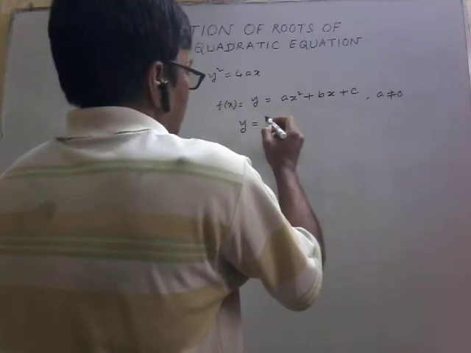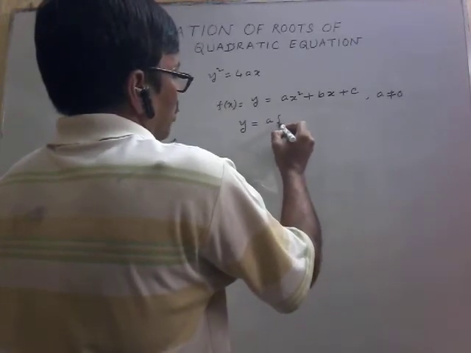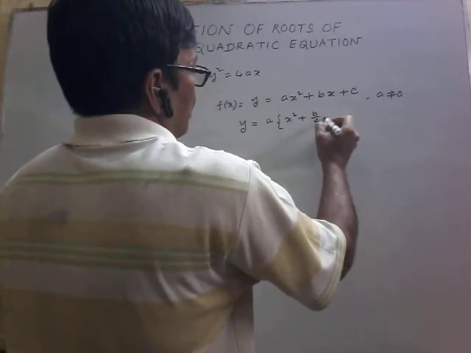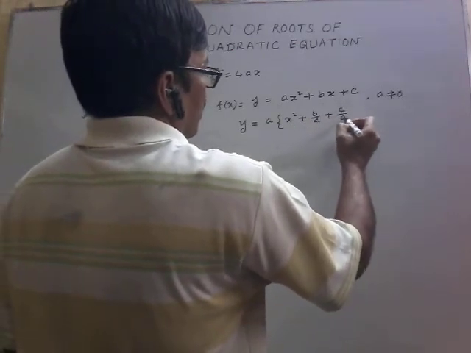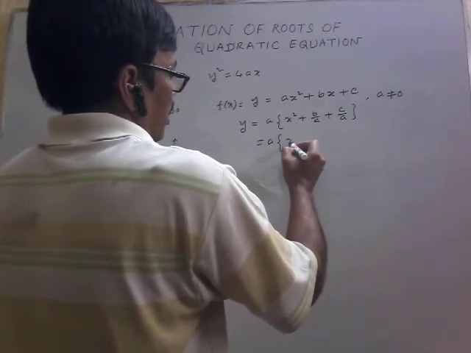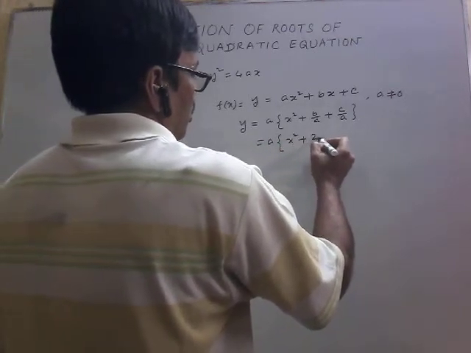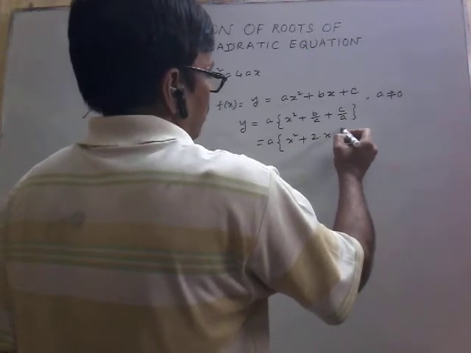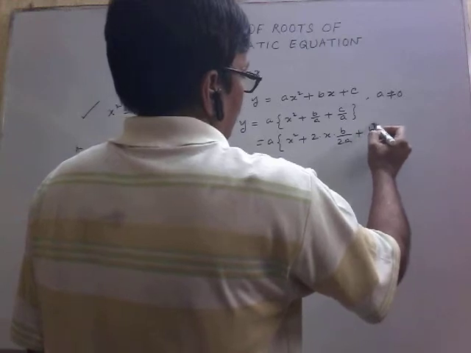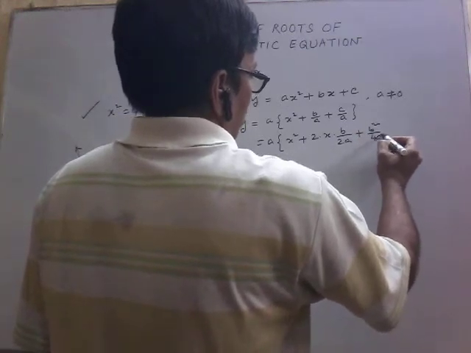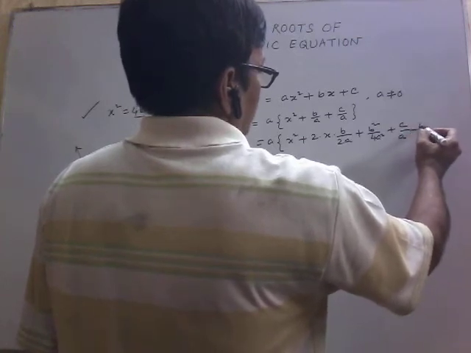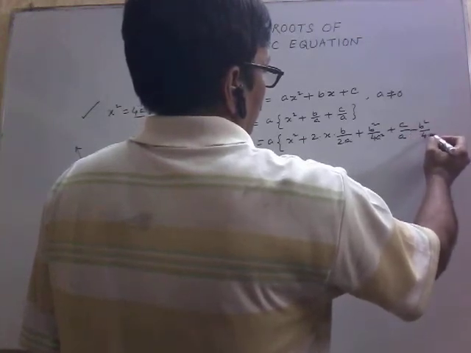We want to put it in square form. So x square plus b by a x plus c by a. Then a into x square plus 2 into x into b by 2a plus b square by 4a square, plus c by a minus b square by 4a square.